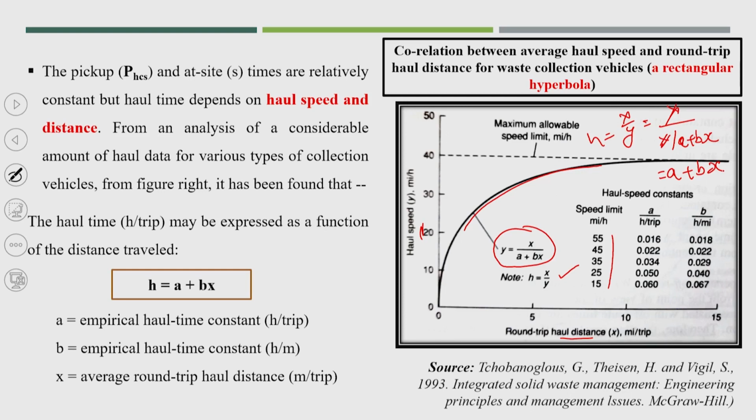So, that is what, a plus b x, we can find. Now, here the importance is that the haul time constants a and b should be known.